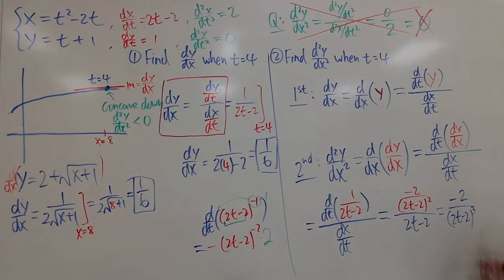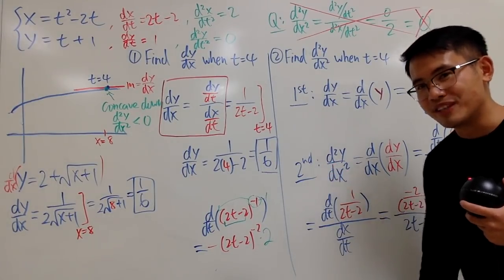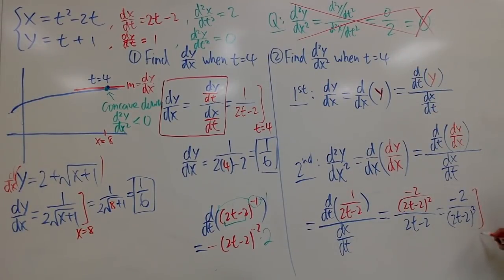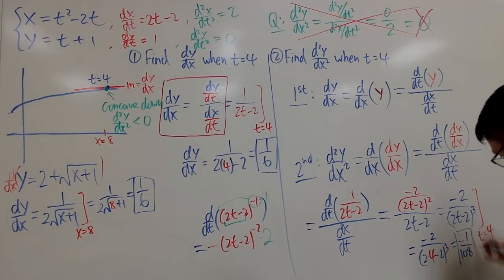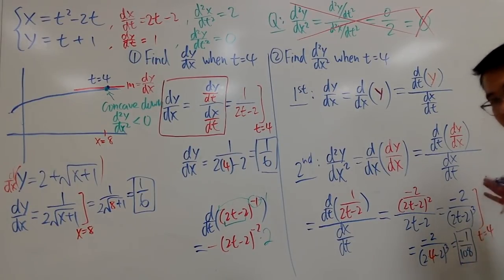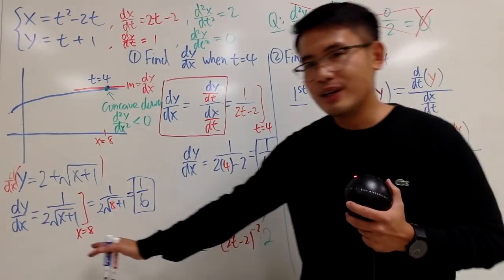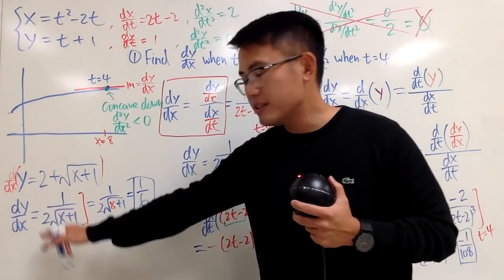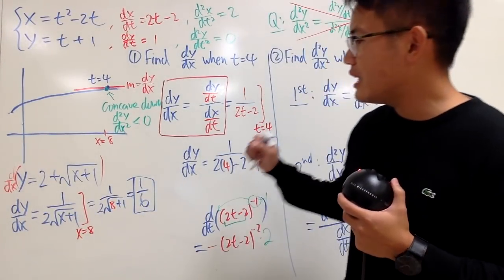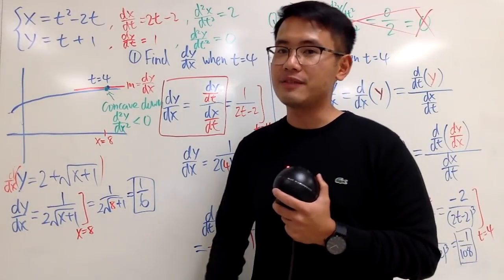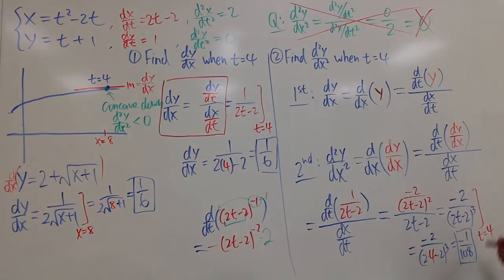Alright, so this is an expression for the d²y/dx² in terms of t. And then you plug in t is 4. Go ahead and do your work, everything out, reduce your fraction, you get negative 1 over 108, like this. And we are done. So, right here, if you differentiate this again with respect to x and then plug in 8 for the x value, you also get this right here.